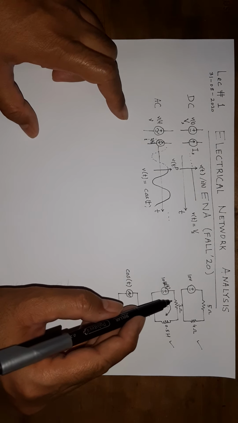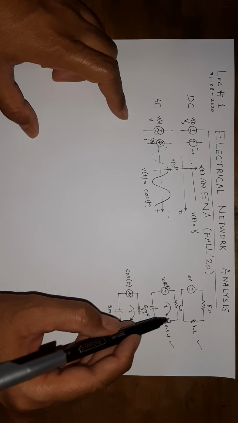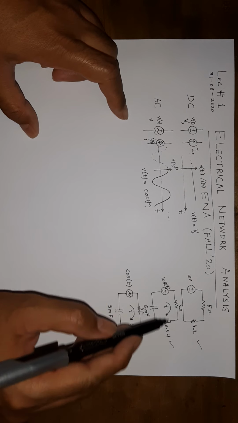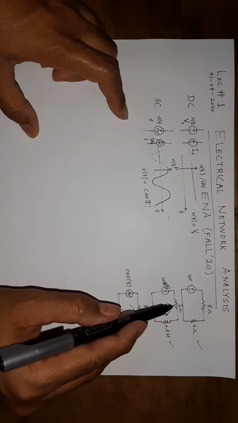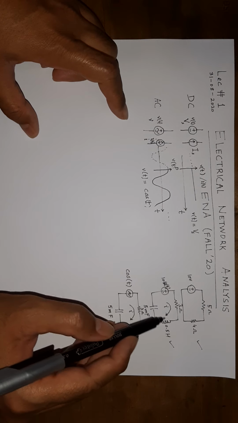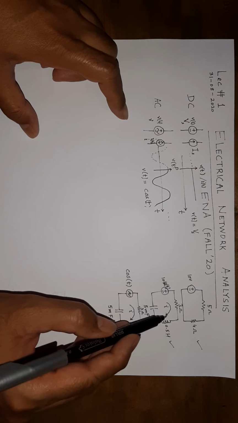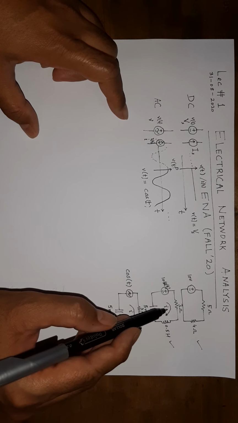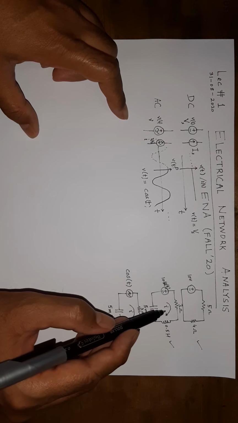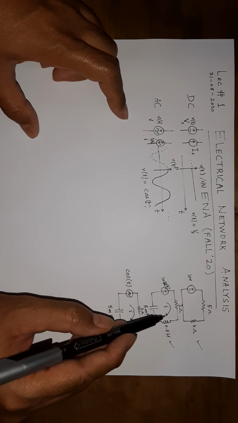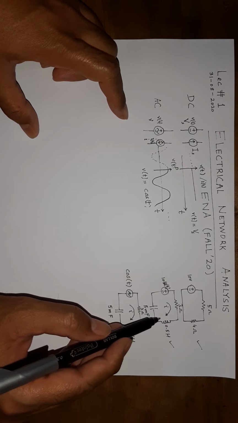So if you remember, for RLC circuits, we used to find the nature of the response based on the component values, whether they are overdamped, underdamped, or critically damped. And then from there, we used to write the expression for the function for the thing that we want to find, and then solve for the various constants in that expression.